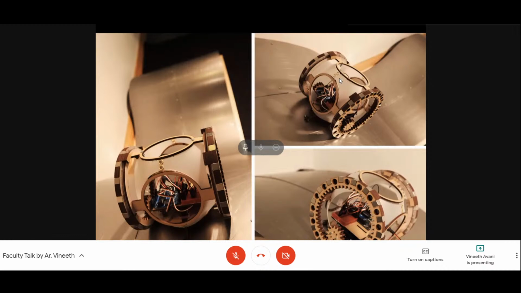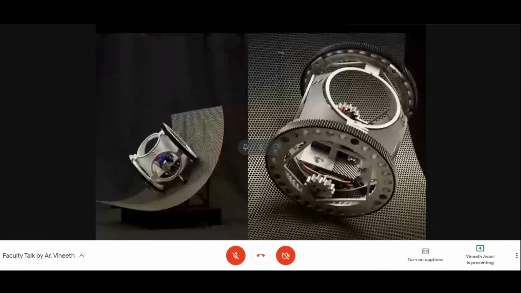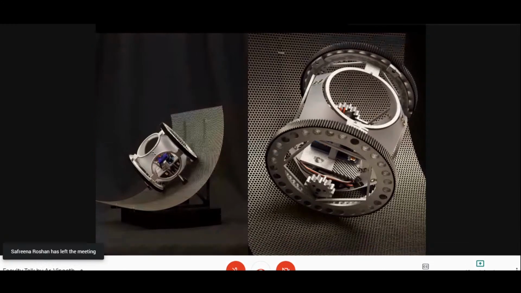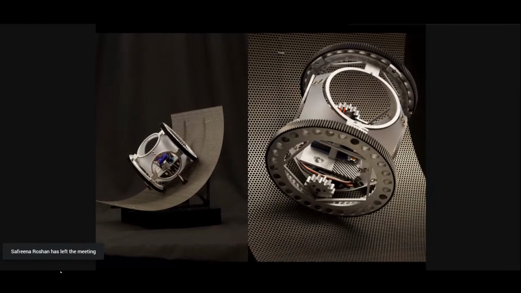Some photographs. Then we changed the size of it. We made it as small as possible, and we tested it on top of our studio ceiling.